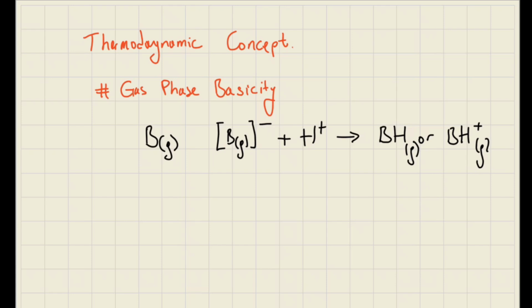In this reaction, we can look at the proton affinity. Delta H of this reaction is definitely negative. However, proton affinities are always listed as positive numbers.